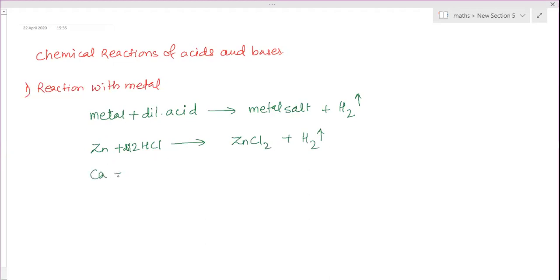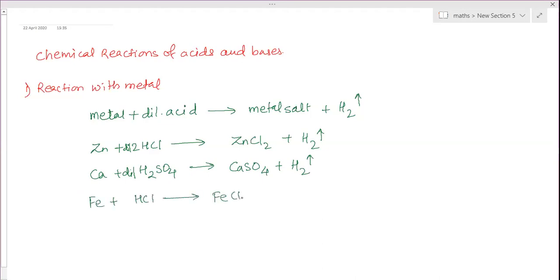Same thing when calcium combines with dilute sulfuric acid, it forms calcium sulfate plus hydrogen gas. Next is iron, which reacts with hydrochloric acid.